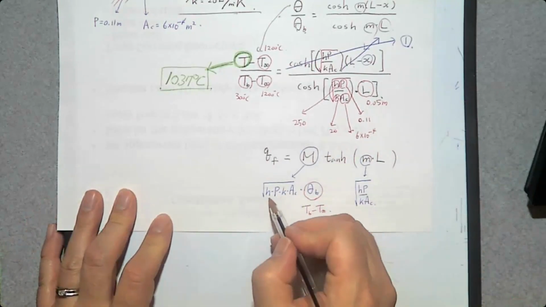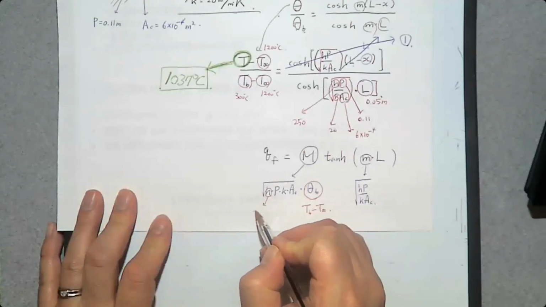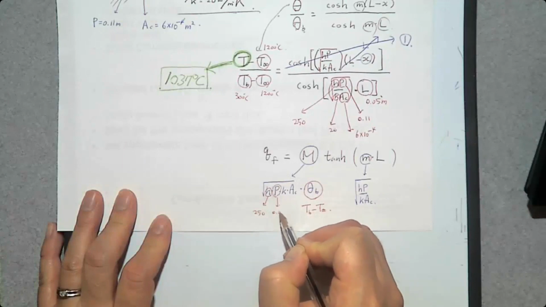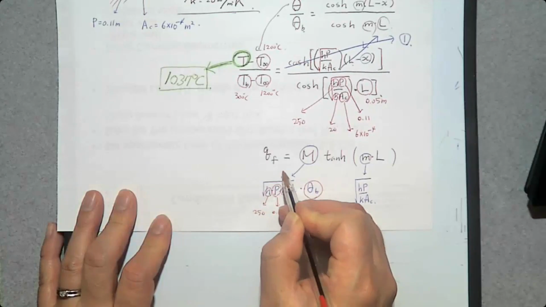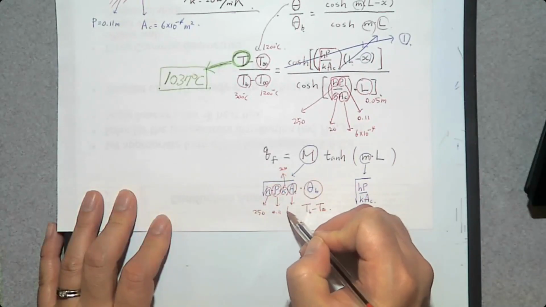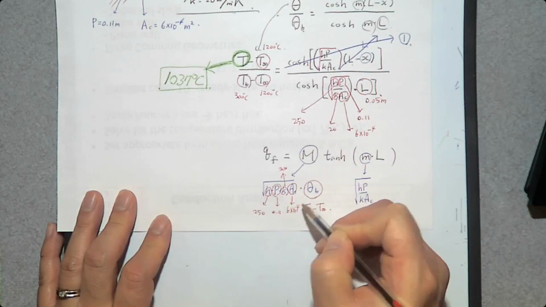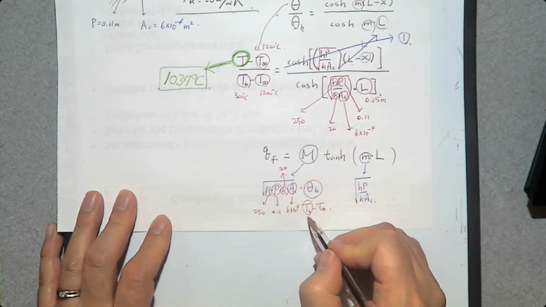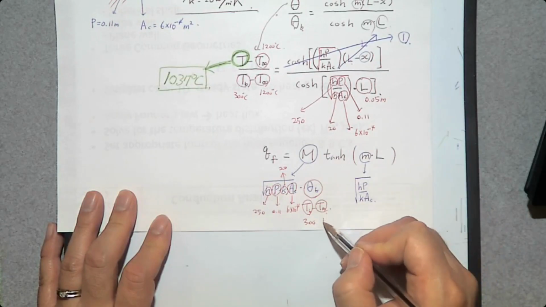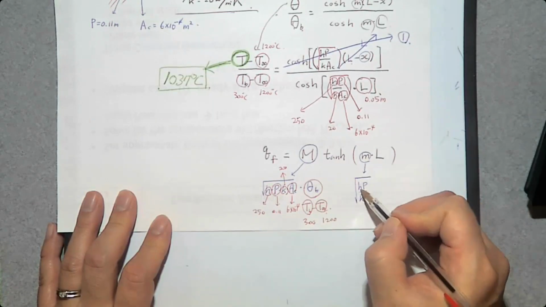Then let's solve this problem. What is h? 250. What is the perimeter? 0.11. What is k? 20. What is A_c? 6 times 10 to the minus 4. The base temperature, 300. The surrounding fluid, 1200.